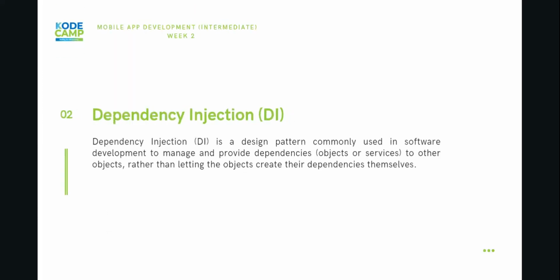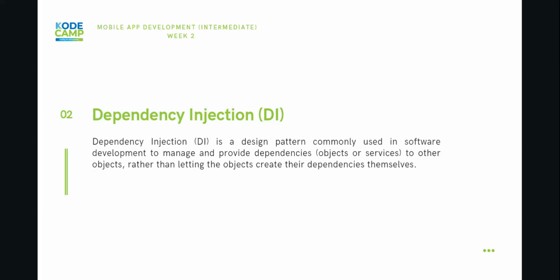So dependency injection, DI, right? It's just a design pattern, right? That's commonly used in software development. So this definition is not from the Android perspective, but more generic stuff, right? But it's basically used to manage and provide dependencies to other objects, right? So we don't let objects create their dependencies themselves, right?